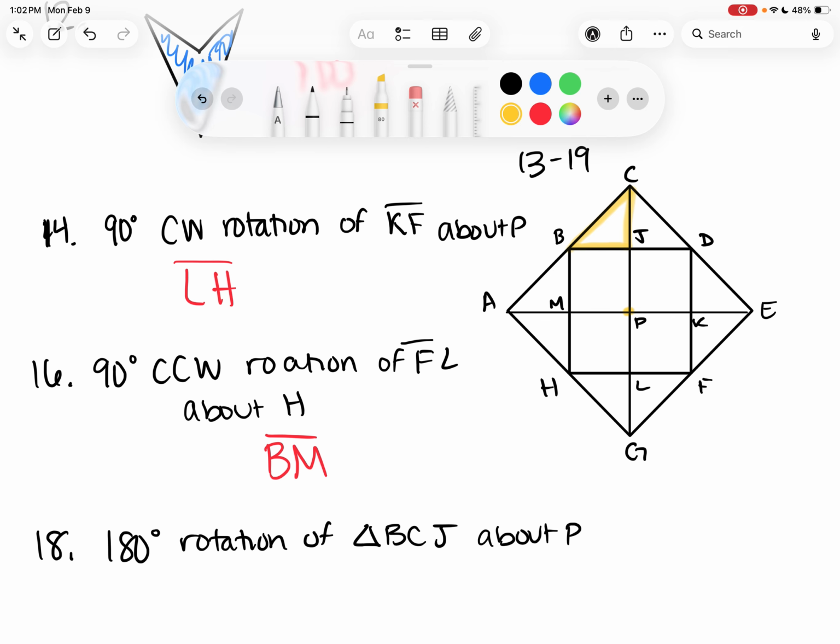So what did you say it is? FGL. Yep. I was going to say counterclockwise or clockwise, but it doesn't matter because it's 180 degrees. It's going to go around the same amount either way. So either way, it's going to put you down here in this one right here. Rotate it all the way around. So this would be triangle FGL.